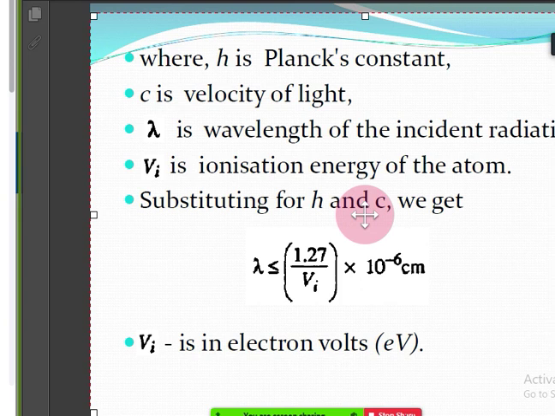That is called photoionization. By absorbing radiation, ionization takes place. What is ionization? Formation of electrons and ions is called ionization. So the second type of ionization is photoionization.